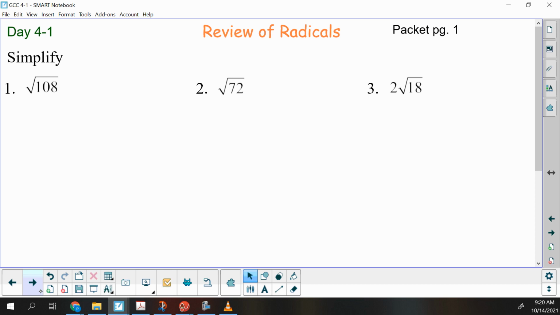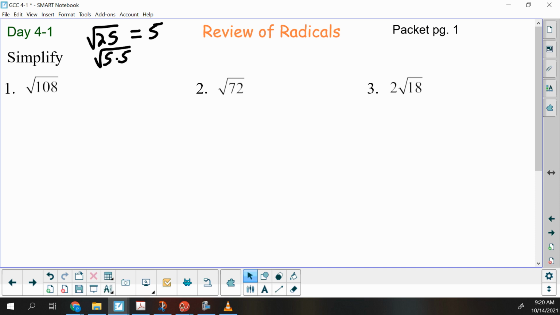So we want to simplify radicals. First, just a brief overview of some basic radicals you've seen before. Square root of 25, you might know is 5. The reason for that is 25 can be written as 5 times 5, or in other words, 5 squared. So a radical or a square root is undoing a squared.